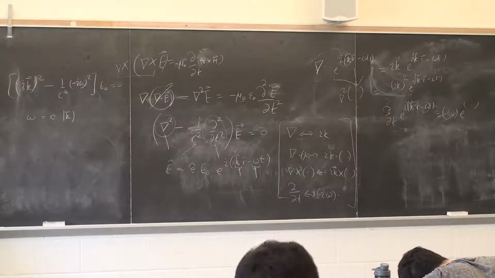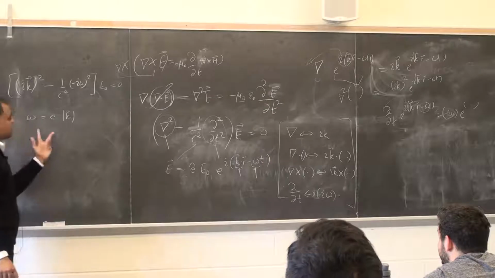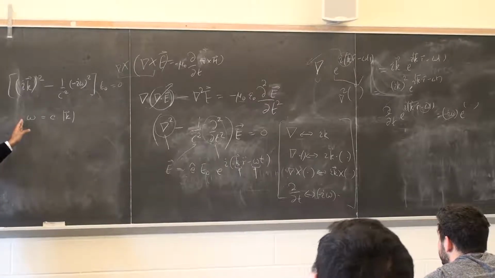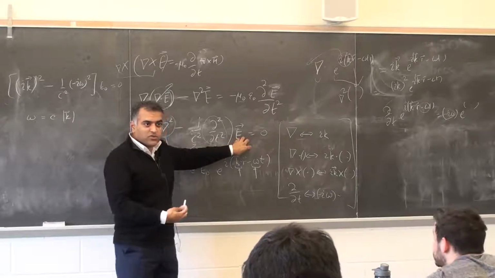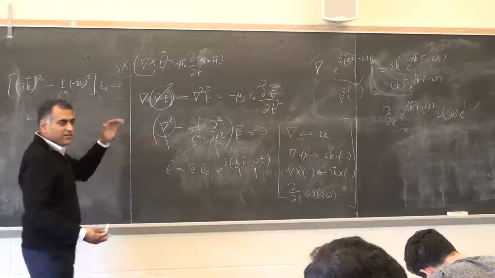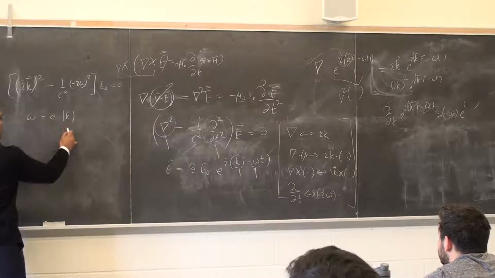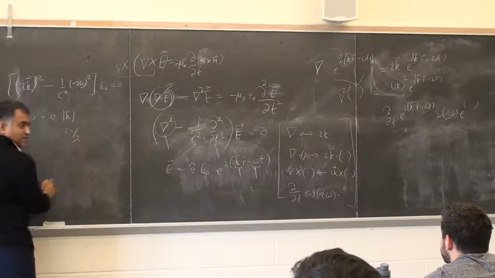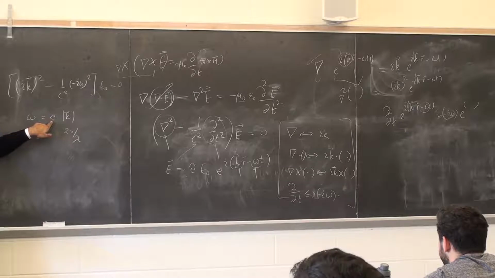But this is the necessary condition for any electric field to be eligible to model light. So if this is the electric field, its frequency is related to its k, which is 2 pi by its wavelength, by this relation, and that ratio is just the speed of light. Omega is c times k.